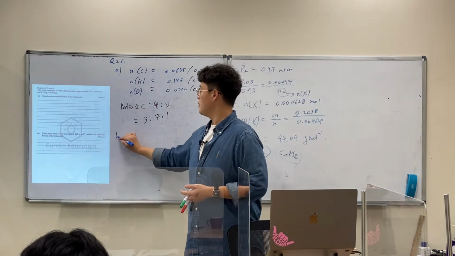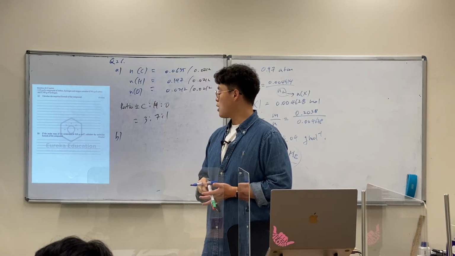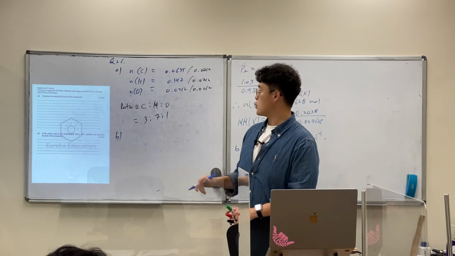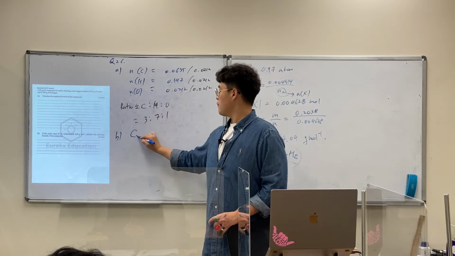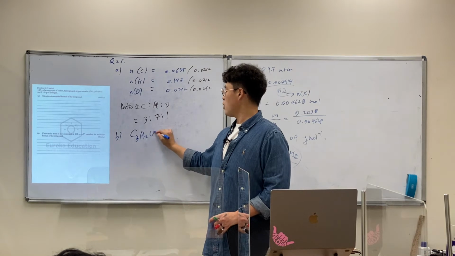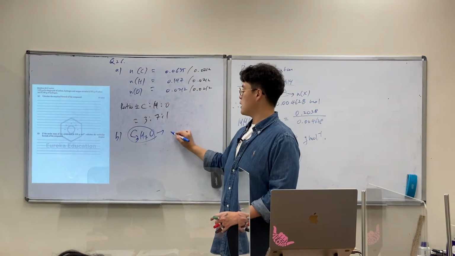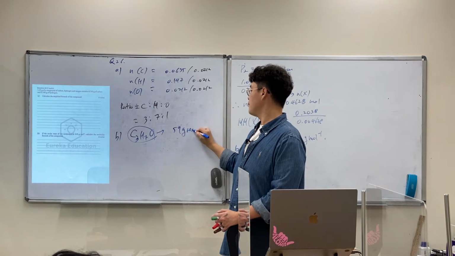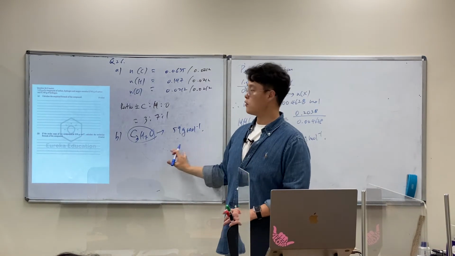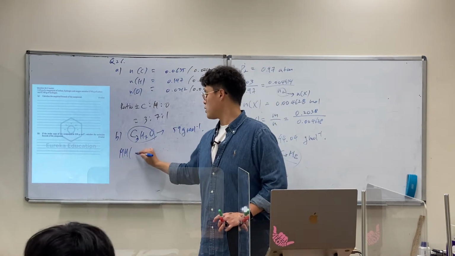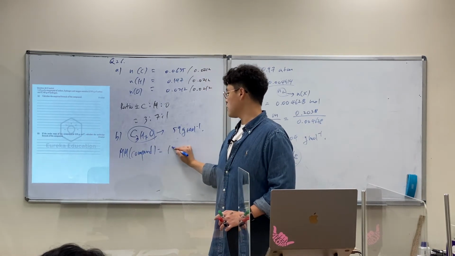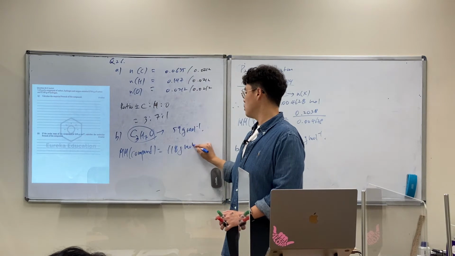Alright, B. If the molar mass of the compound is 118 gram per mole, then, as we know, from the C3H7O, the molar mass of that is given as 59 gram per mole. So if the molar mass of the unknown compound is given as 118 gram per mole, which means what?